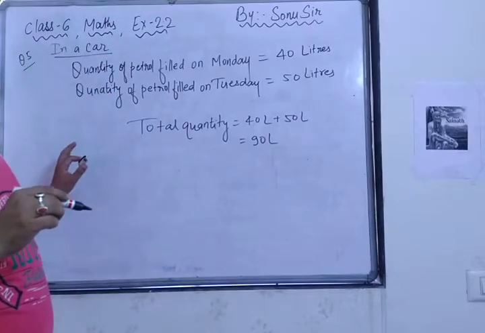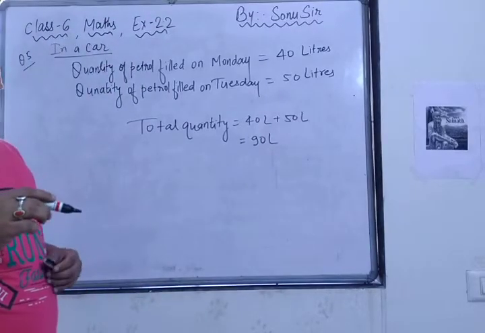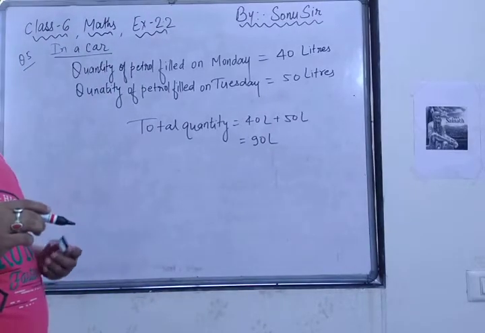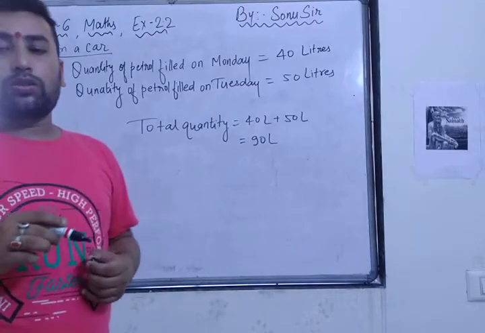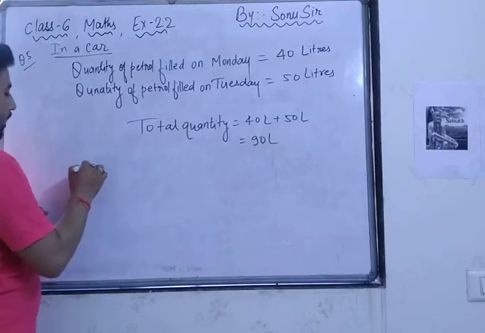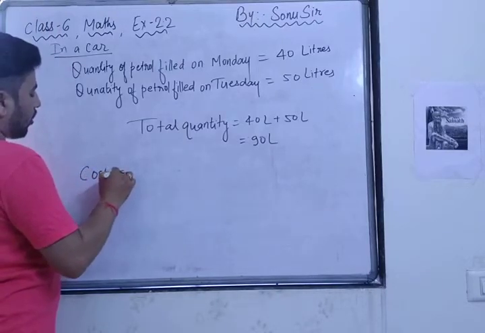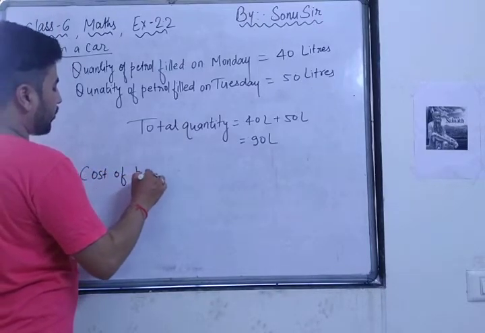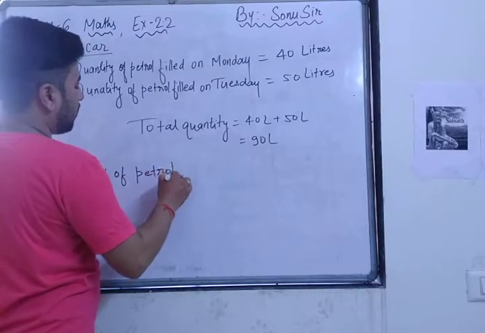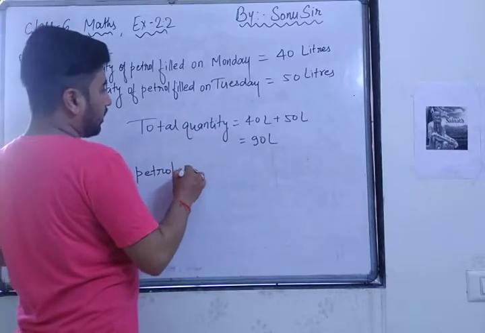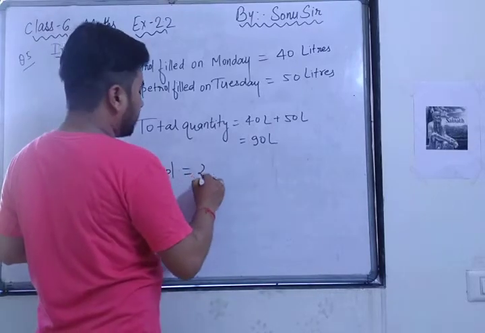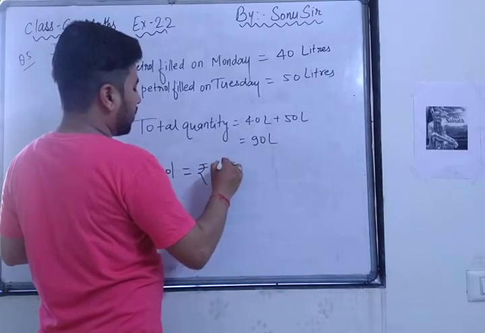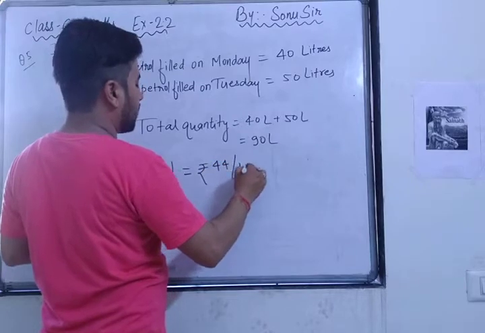Now the second case of the question, the cost of petrol is 44 rupees per liter. Got it? So cost of petrol is equal to how much? 44 rupees per liter.